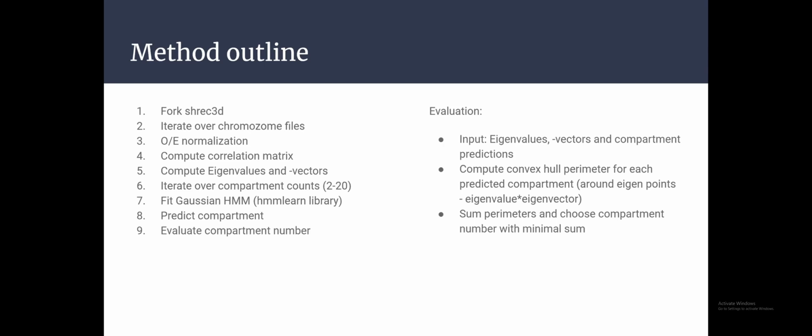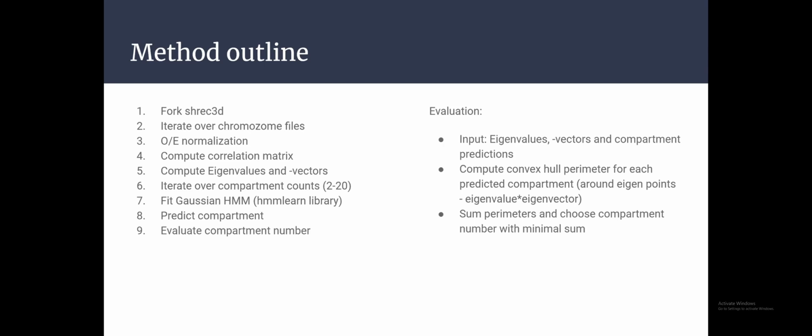And then we took the prediction vector and did our evaluation, which is a function that takes eigenpoints for each predicted compartment, and computes the convex hull in this high dimensional space.